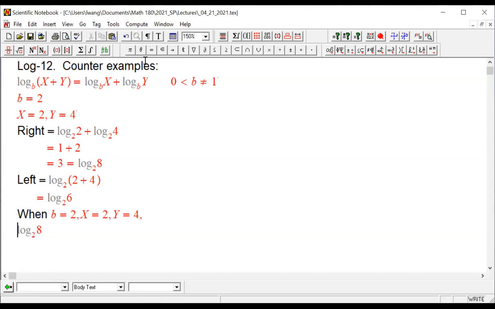Right is not the same as left. Not the same. True once, false once.